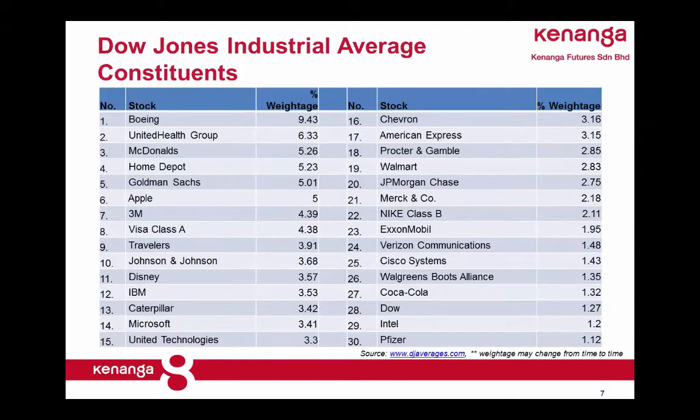This is the list of the 30 constituent counters of the Dow Industrial. The weightage may change from time to time, and from the latest update of the slide, we have Boeing, United Health, McDonald's, Home Depot, and Goldman Sachs as the top 5 counters.